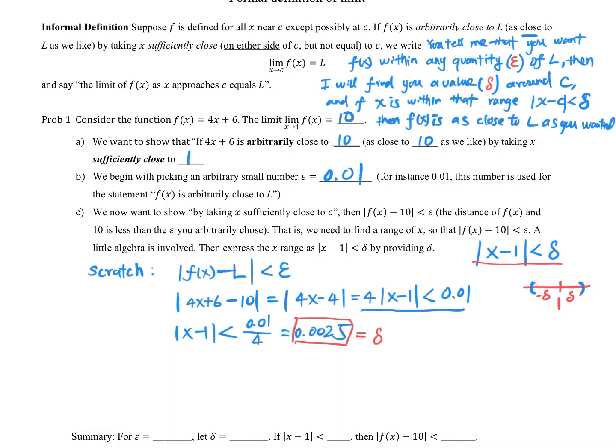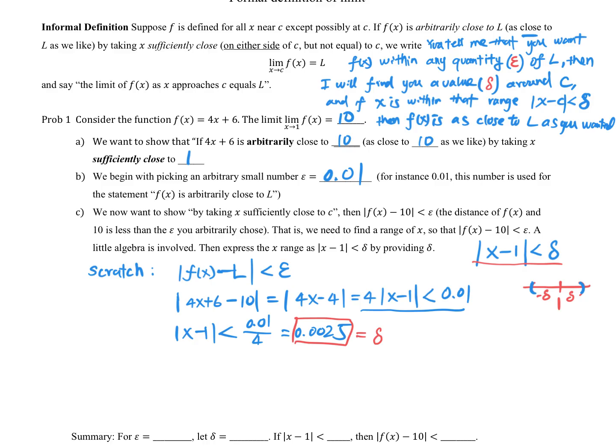That's my delta. So do you see that as long as the absolute value of x minus 1 is less than delta, which is 0.0025, this must happen, which means this must happen: the absolute value of f of x minus 10 is less than the number you specified. Do you see that I've done my job?